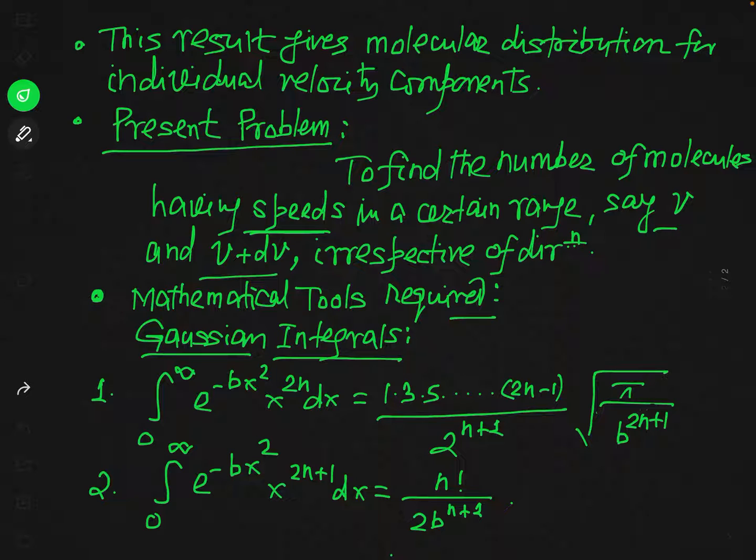I have also presented here an alternative way to find such integrals. Those integrals are known as Gaussian integrals, which we encounter in the calculation of molecular distribution of speed of a perfect gas.